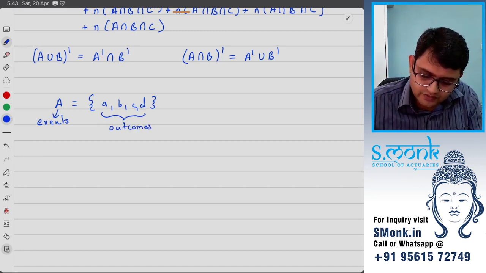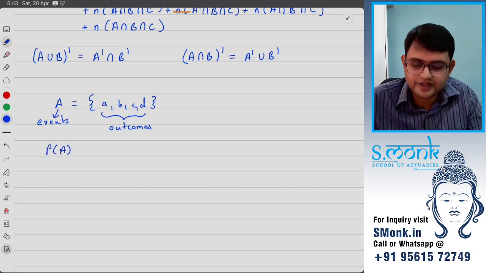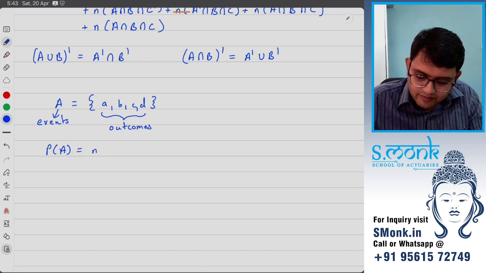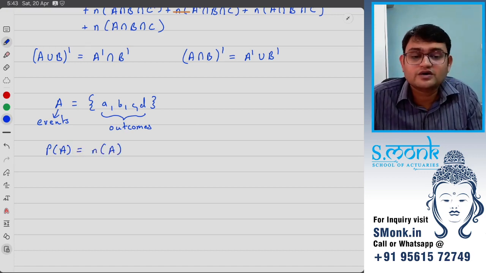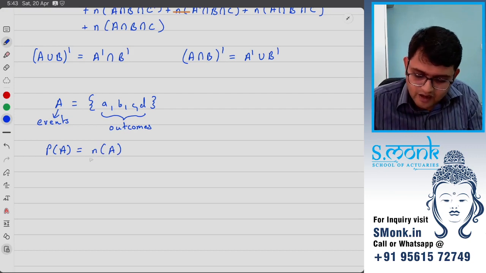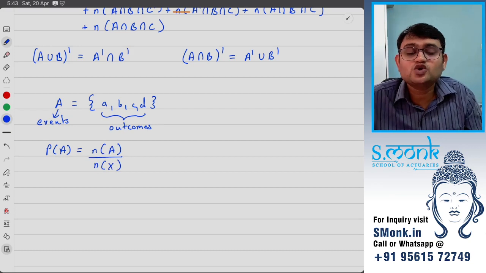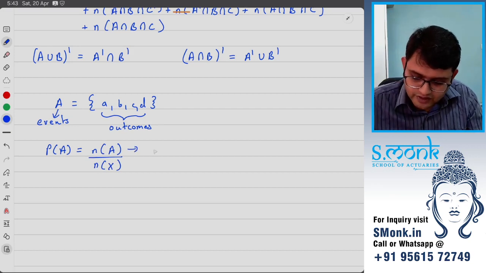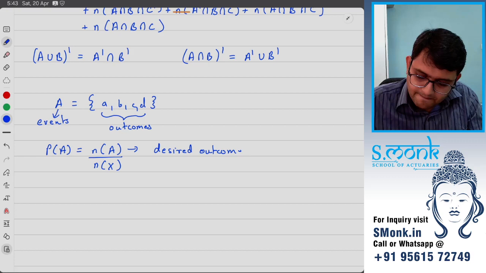So what is the probability of an event A? P(A) means probability of an event A. That is nothing but the number of outcomes in the event A upon the number of outcomes in the universal set, or the total outcomes. We'll call these the desired outcomes upon total outcomes.